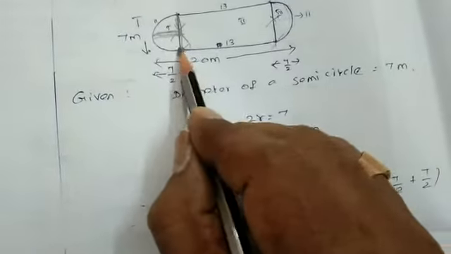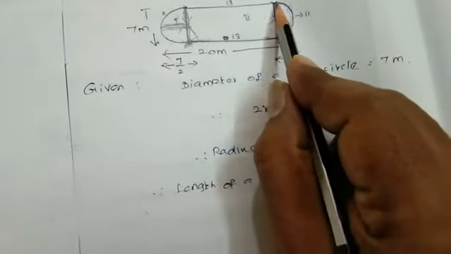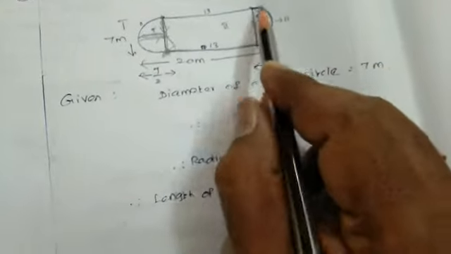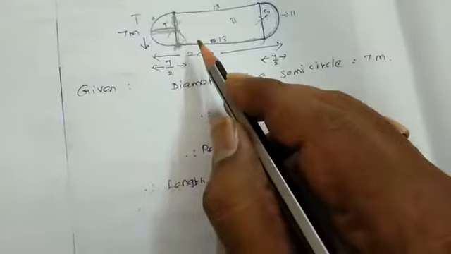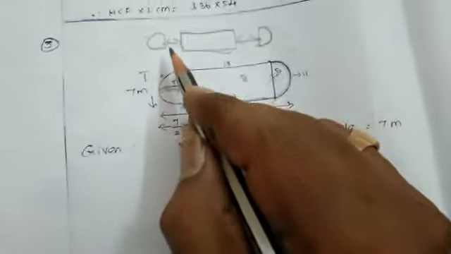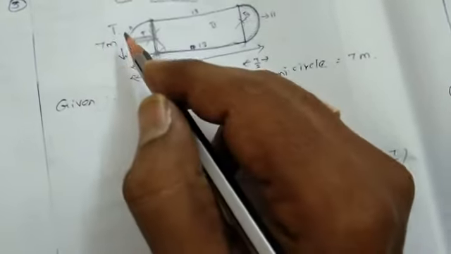This is one length, and this is the curved shape, a semicircle curve, and another semicircle curve. Only this length, this length, this length. You find the perimeter on the outside only, so don't consider the inside lines.